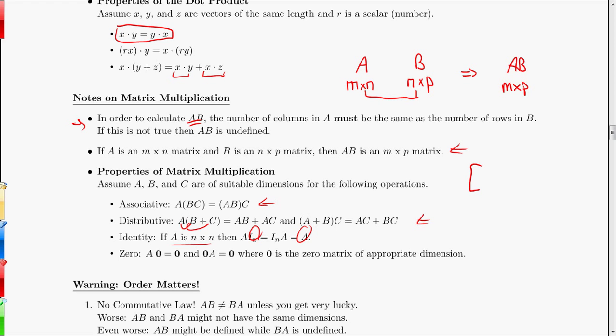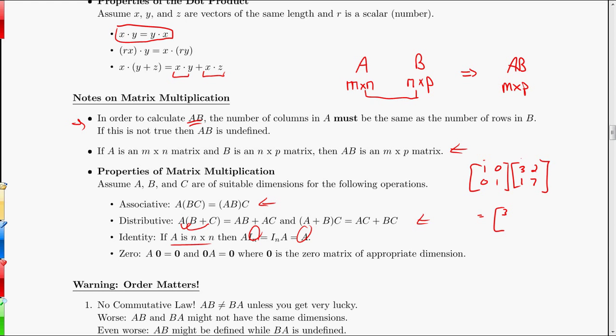For example, let me just do one. So there's the 2 by 2 identity matrix. If you multiply that by [3, 2; 1, 7], notice what you get. You get 1 times 3 plus 0 times 1, which is 3.